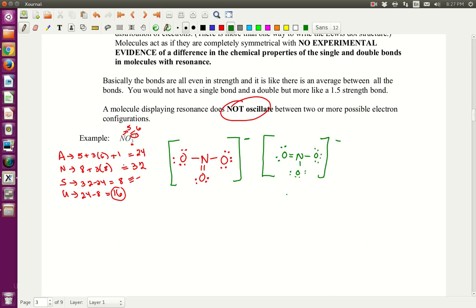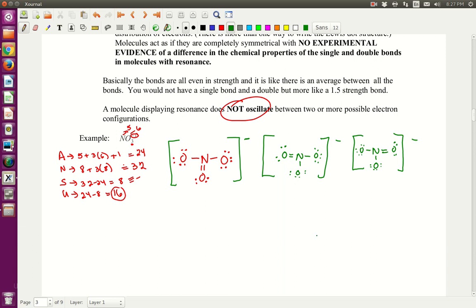That's one other way. But there's a third way, because that double bond could have been on any one of those 3 atoms. So nitrogen here with a double bond on the other side now. And we just put our lone pairs for our Lewis dots around the correct atoms.